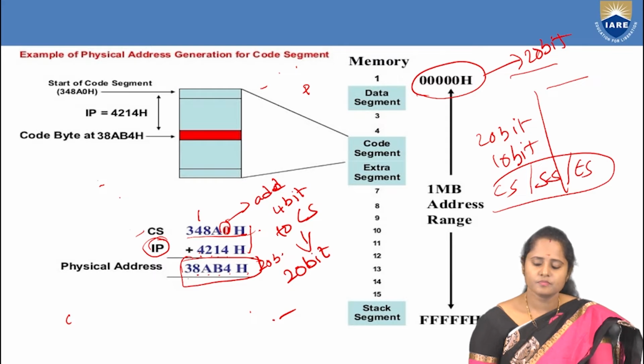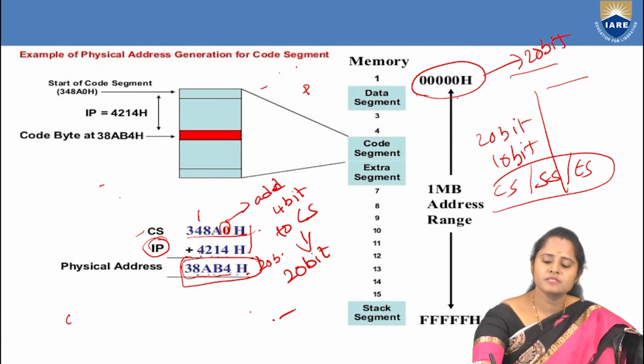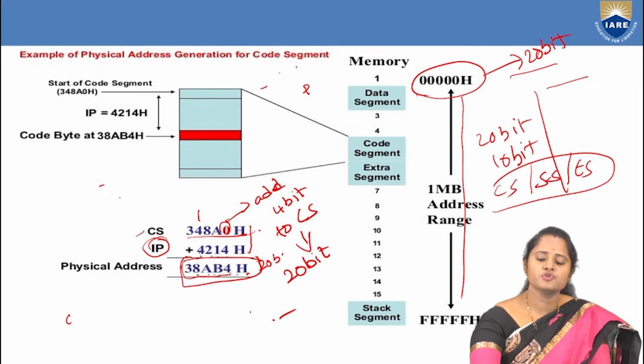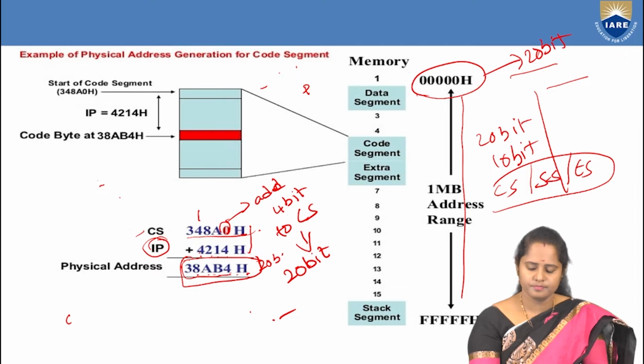So this 38AB4 is a 20-bit address, lying within the range of 00000H and FFFFFH.